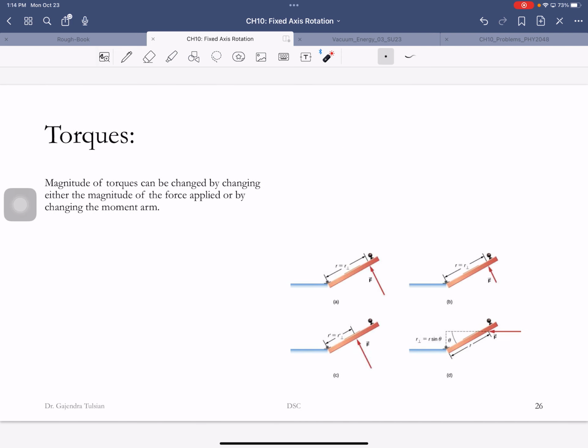So now you understand the following fact: doorknobs are put on doors always on the end. They don't put doorknobs here in the middle, right? Why not?